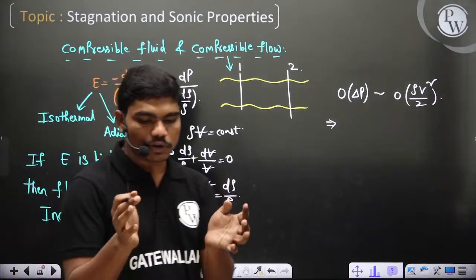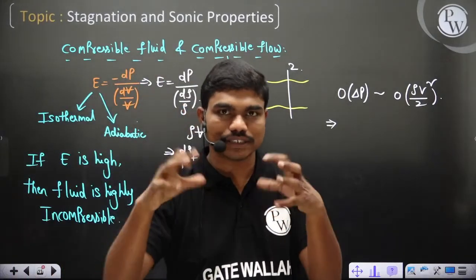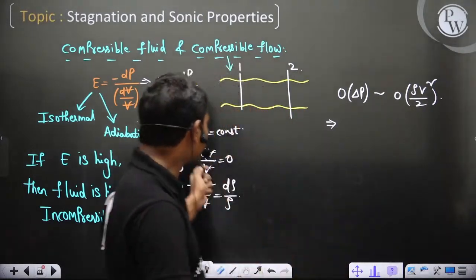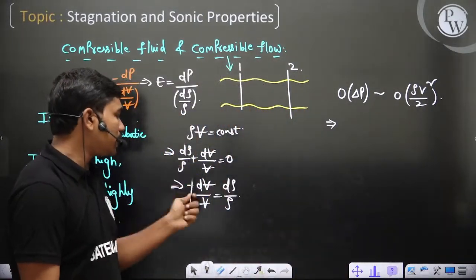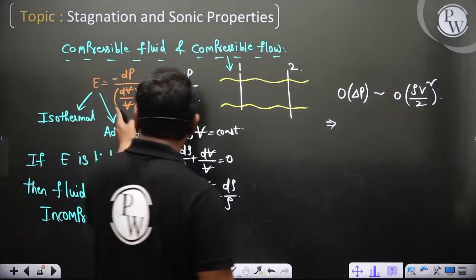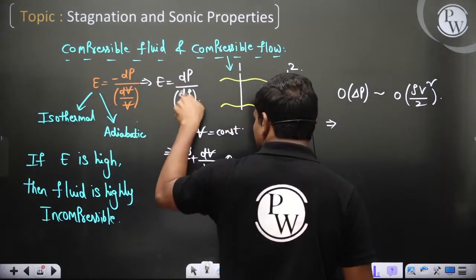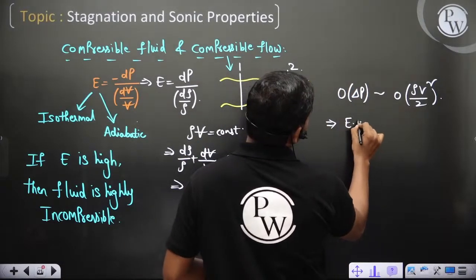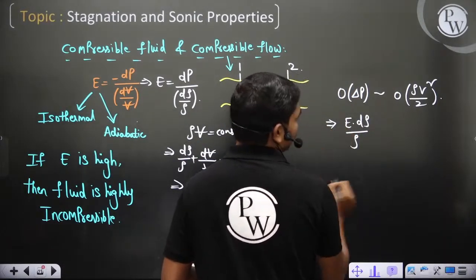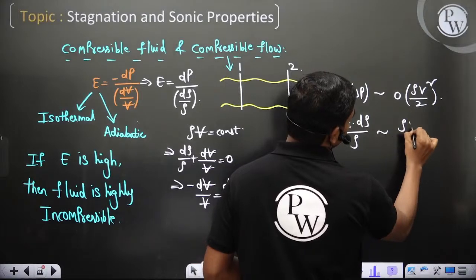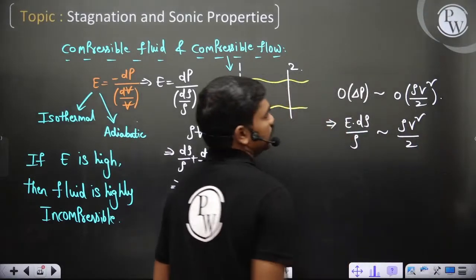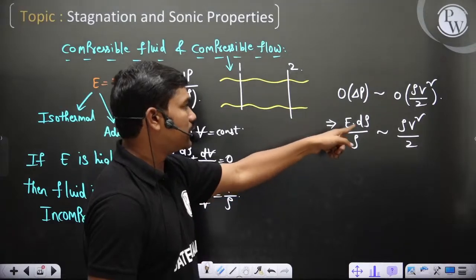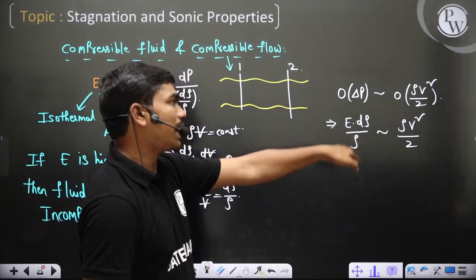Because whatever amount of fluid you take, whatever pressure change you subject it to, definitely the mass of the substance has to be the same. So mass is equal to density into volume, which is constant, so this gives you this. Therefore this term with the minus sign can be replaced with a plus sign and d rho by rho. So this dP can be written as E times d rho by rho, and that will be of the scale rho V square by 2. So that's what we have for the scaling here. d rho by rho is proportional to rho V square by 2.